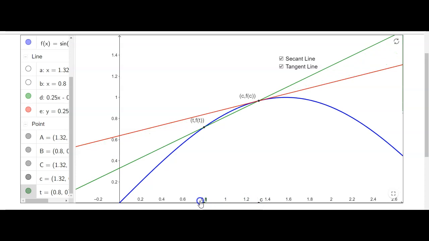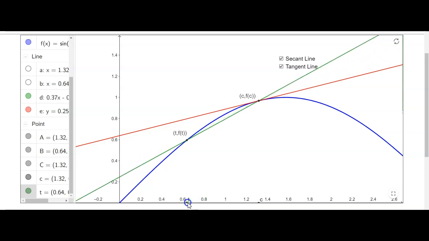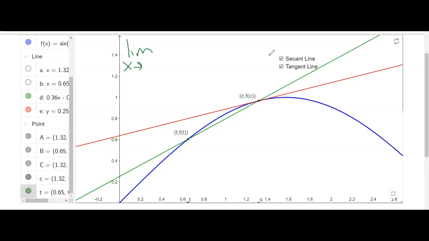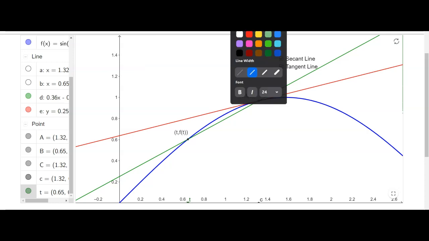So we may not be able to use our slope formula to find the exact value of that tangent line slope, but we could come up with something like this. We could say the limit as x approaches, sorry, not x because we're using t's and c's. So let me write the original that I erased first.